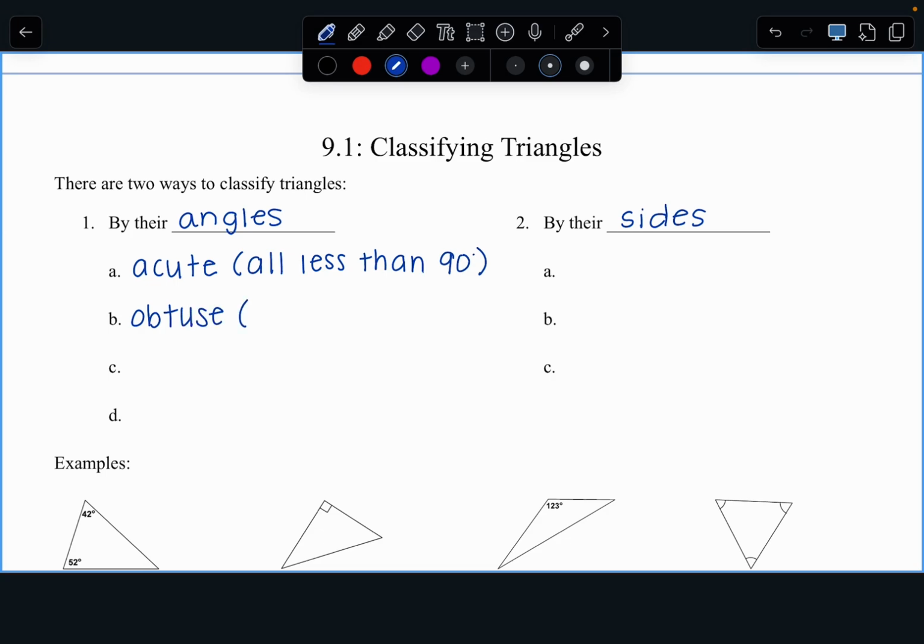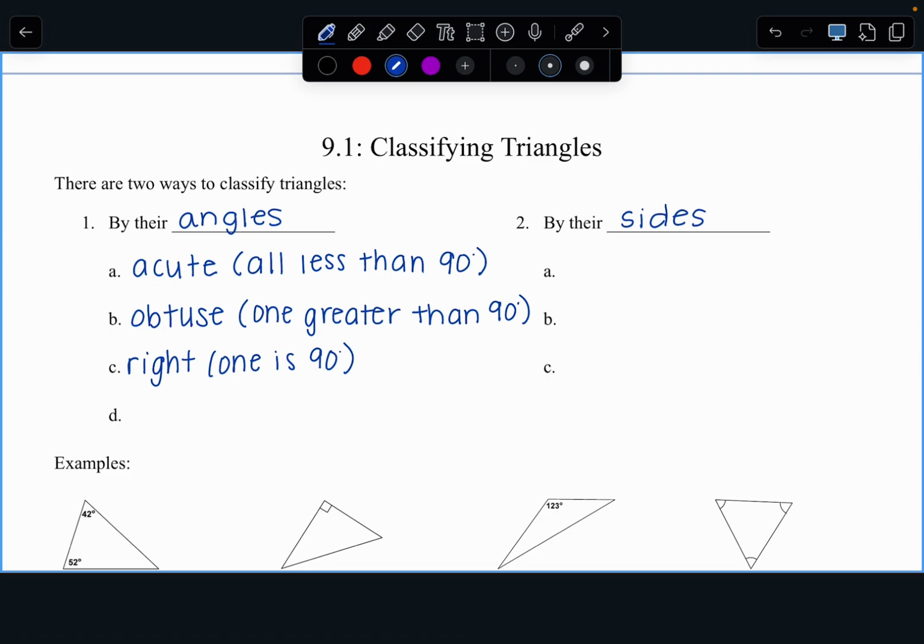New notes packet. Obtuse is when one angle is greater than 90. We also have right triangles, where one angle is exactly 90 degrees.